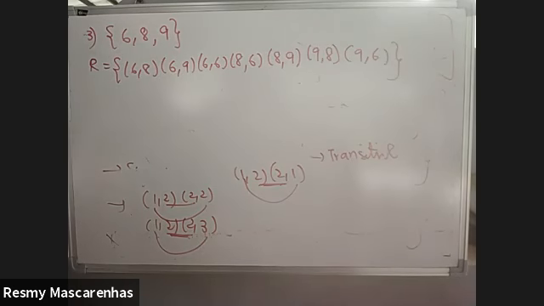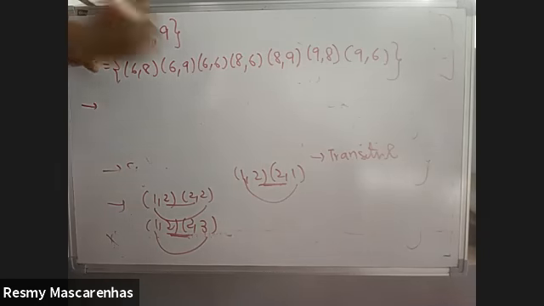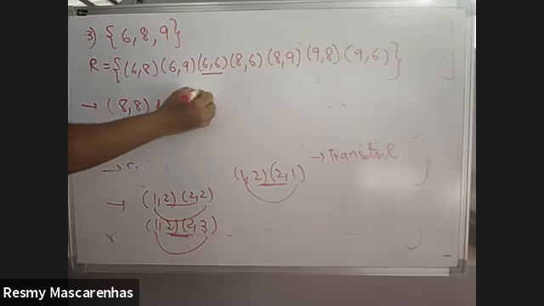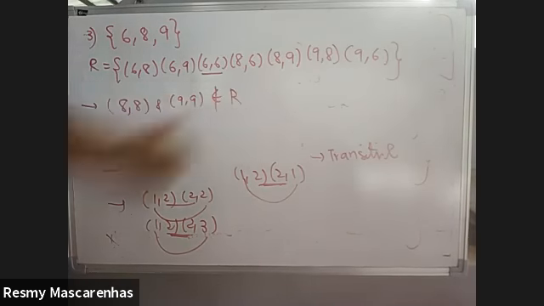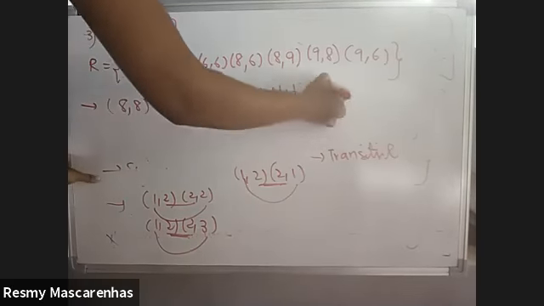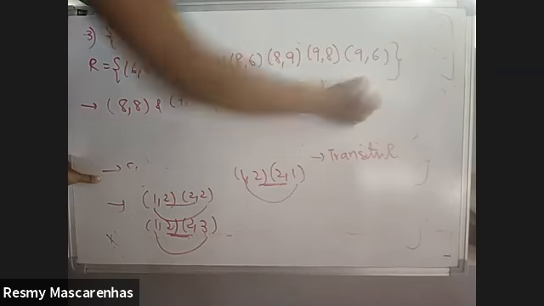Now first check for reflexive. 6, 6 is there. Is 8, 8 there? No. 9, 9 is also not there. Only 6, 6 is there. So 8, 8, for your understanding to write and keep, does not belong to this R. It's not present. Therefore, not reflexive. Even if one is missing, it is still not reflexive.